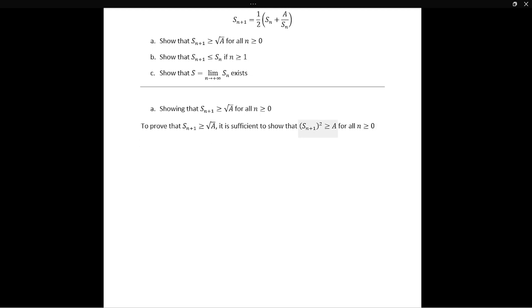Alright, now it is also difficult to show this, but if we are now able to compare the difference between the square of s of n plus 1 and a with 0, then it's going to be better.